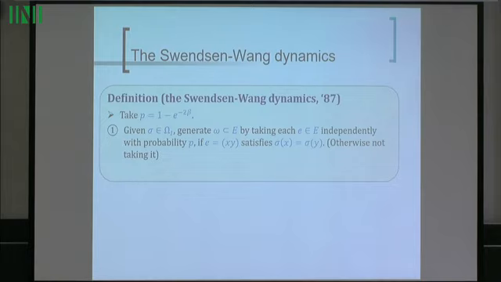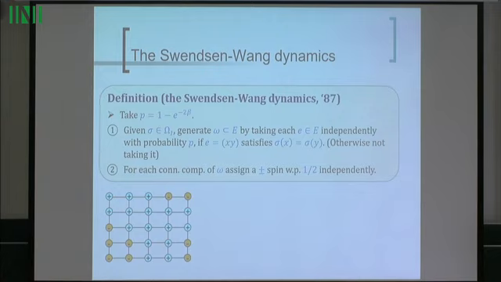By monochromatic, I mean that this edge has the same spins at its endpoints. According to this omega, we then update the spins at each connected component of omega by a uniformly random spin. So the vertices in the same connected component are updated into the same spin, which is uniform.